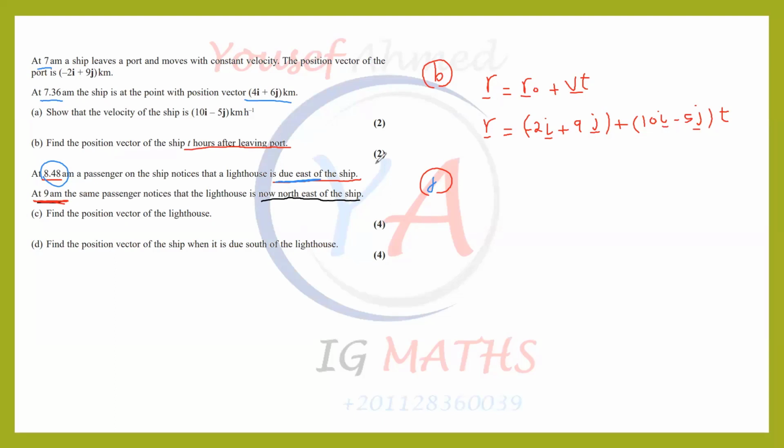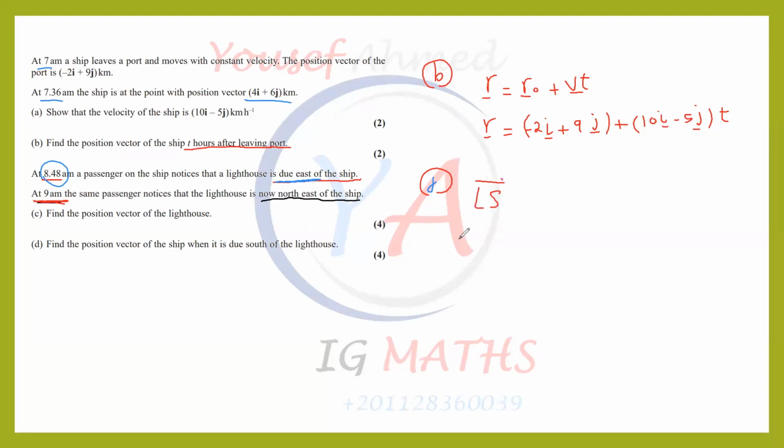So now the situation has been reversed for the question of point D. We need to get the position vector of the ship when it's south of the lighthouse. It was SL before because I was observing the lighthouse from the ship, or the passenger was looking at the lighthouse from the ship. So now the situation has been reversed.